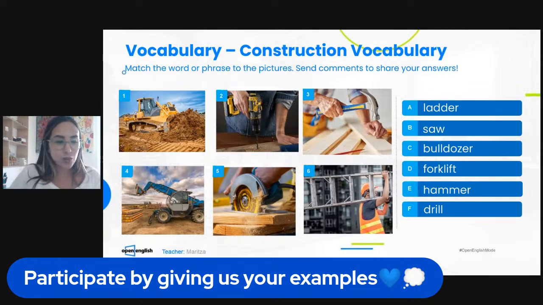All right, Kariabe says 3E. Over here on Instagram, Carlos Spino says picture 6 is ladder. Marifer Navarro says saw is picture number 5. Very good. Your answers in 100% English as well. I love it. 5B, 6 ladder. Excellent.